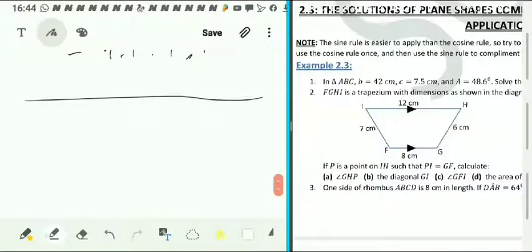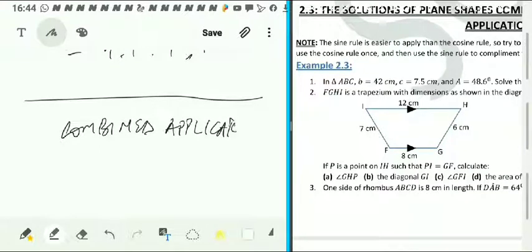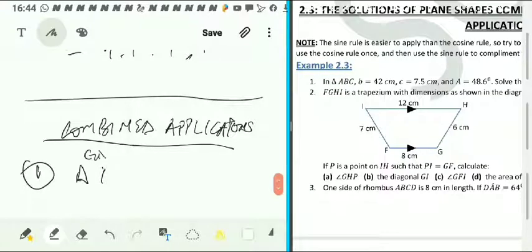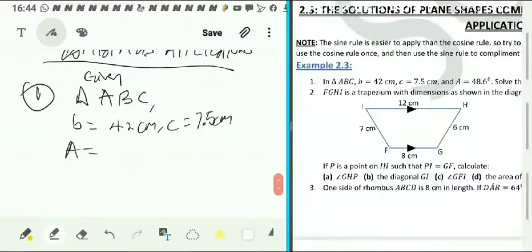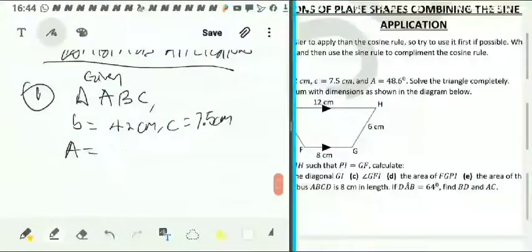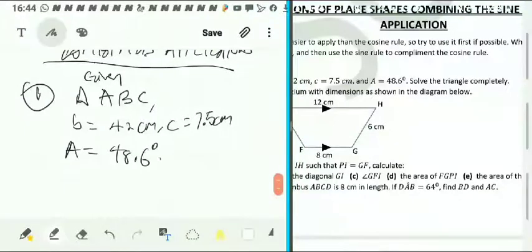So let's move to combined applications. Number 1, in triangle ABC, b is equal to 4.2 cm, c is 7.5 cm, and A is 48.6 degrees.